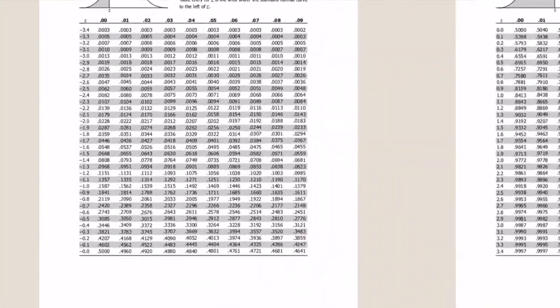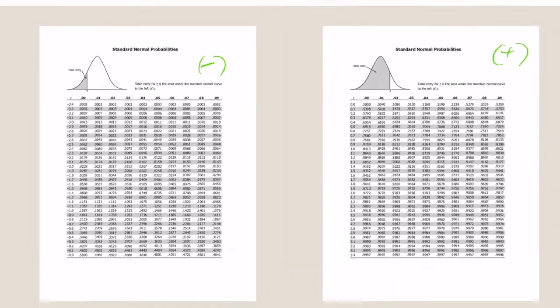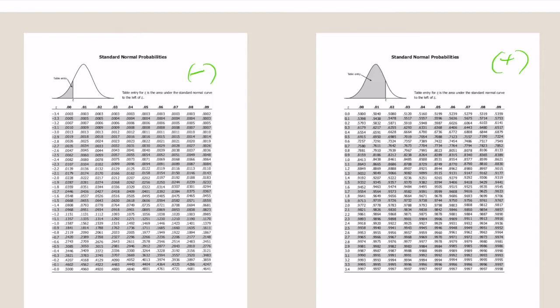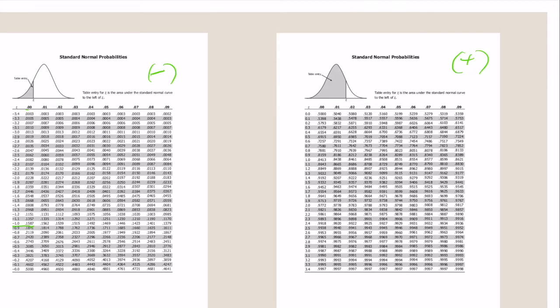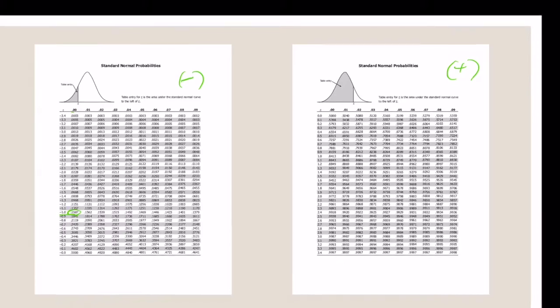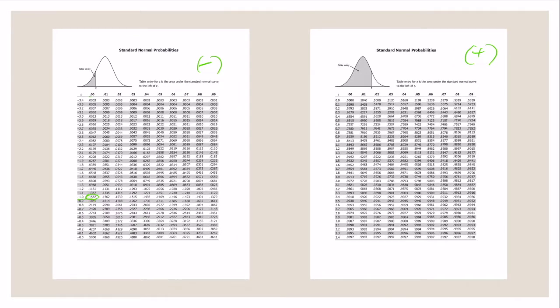So let's zoom in. I go to negative 1.00. We've got our second decimal up there. That's why we rounded to 2 decimal places. And I have 0.1587. So from my z-score of negative 1, I got a z-table value of 0.1587.